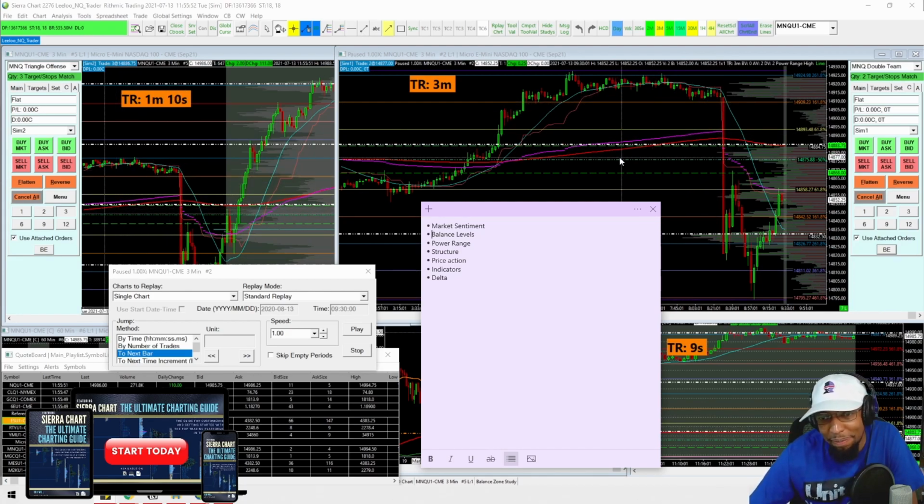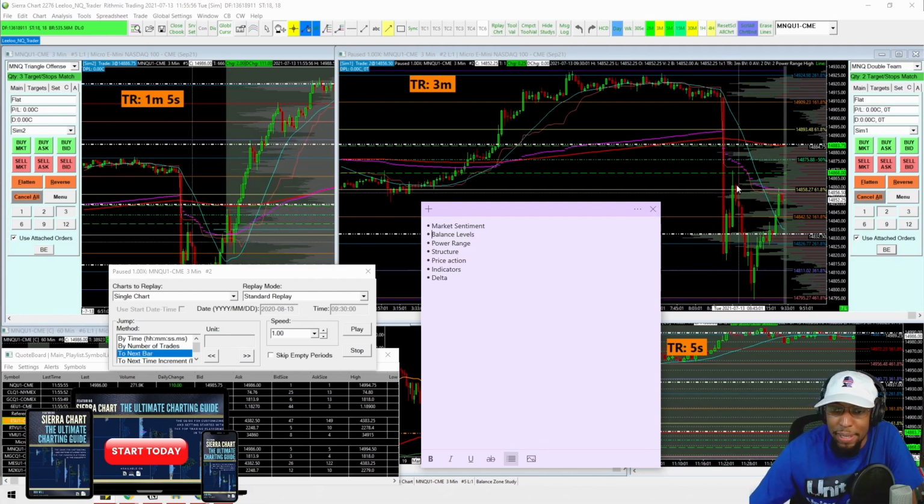I don't really have any biases towards this, but I am going to use this momentum for the trade that I took. In terms of market sentiment, I'm understanding that with this strong sell-off, other traders are going to see this as momentum, and they're going to be looking to jump in short, at least within this range. As long as we stay below 50% of this, there's a good chance.